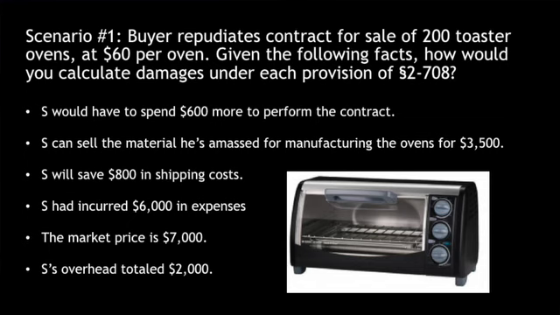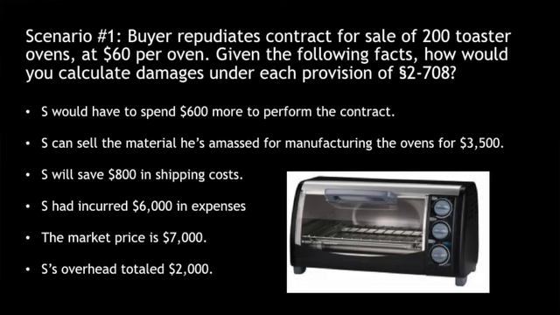Smergo sues and proves the following facts. The market price for ovens, if completed at the time and place of tender, was $7,000. Smergo can sell the material he's amassed for manufacturing the ovens for $3,500. Smergo will have $800 in cost of shipping the ovens to the buyer if the ovens were completed and sold.